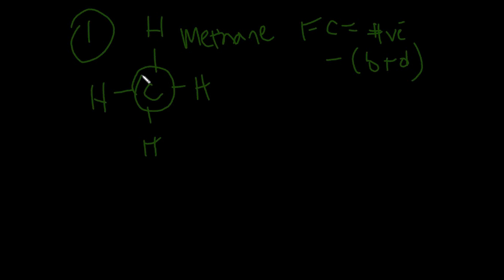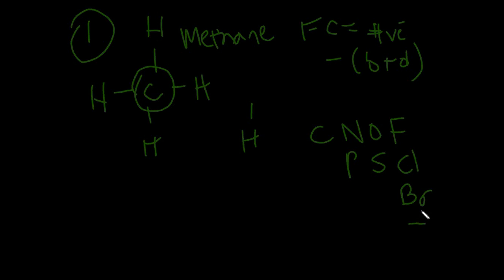Now, to find the valence electrons, you're going to need your periodic table. So here, I'll just write it out for you. C, N, O, F, phosphorus, sulfur, chlorine, bromine, and iodine. This will be 4.